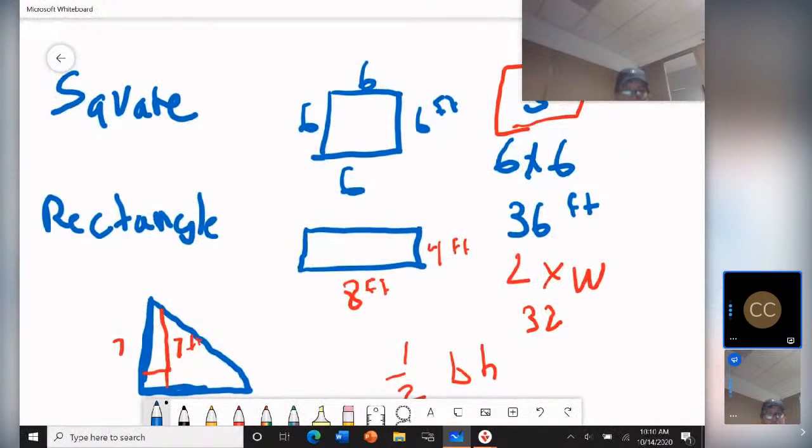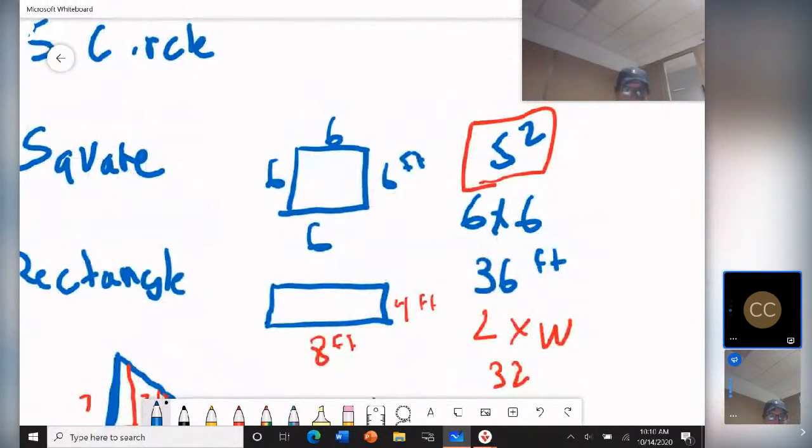What I will do, I'll go ahead and post a worksheet for you guys to work on these. But the formulas are all here. So once again, the square, s squared. If you pick a side, multiply it times itself. So in this case, it was 6. The rectangle, it's the length times the width.